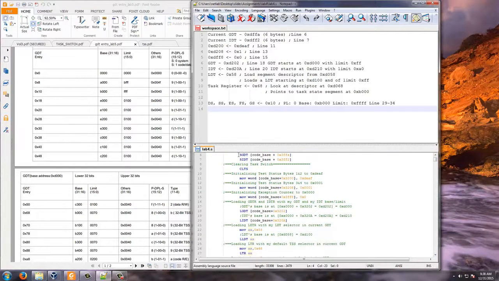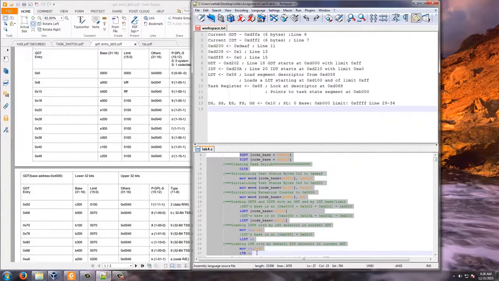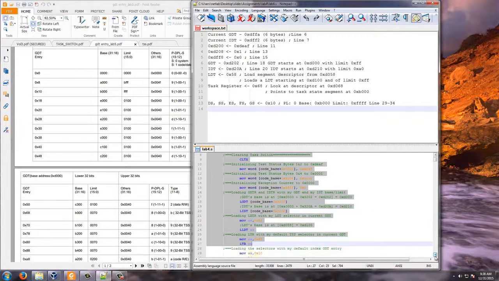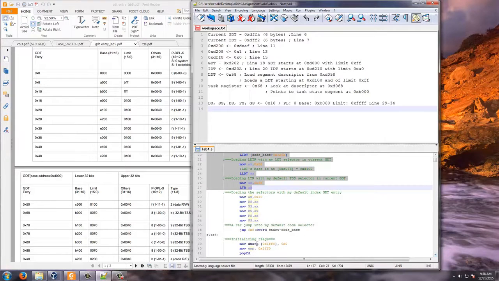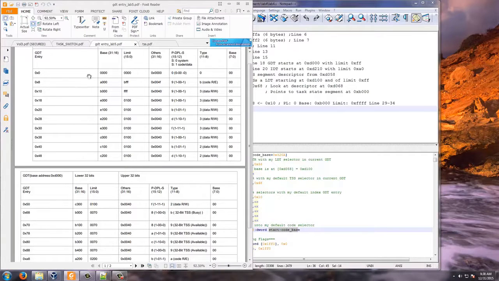So start minus code base essentially gives me how many bytes are consumed by these instructions, from the beginning of this program to this point. That is what is start minus code base, right? So now I say jump 0x8.